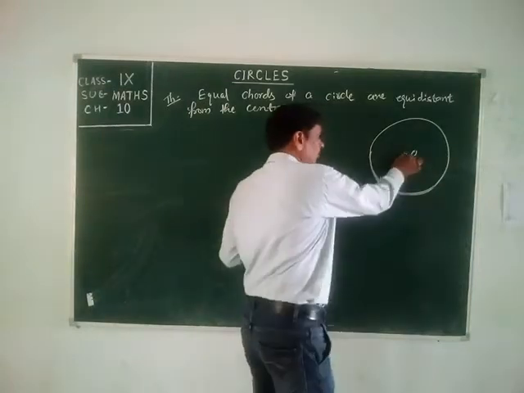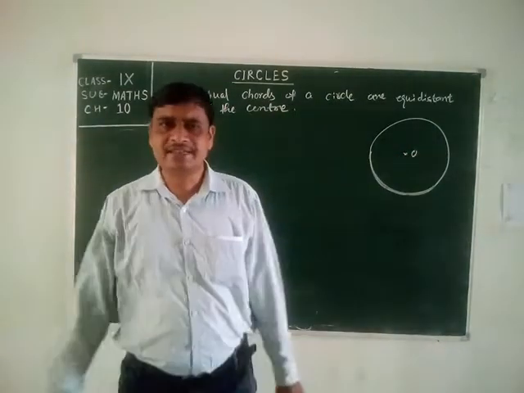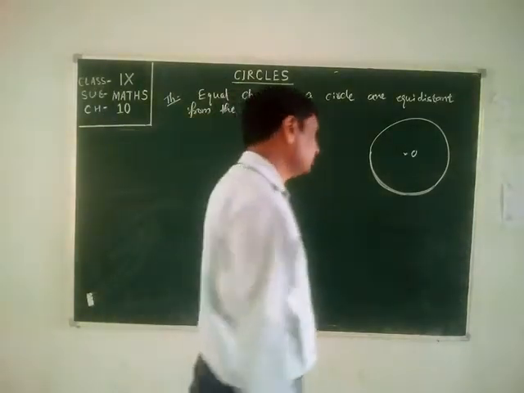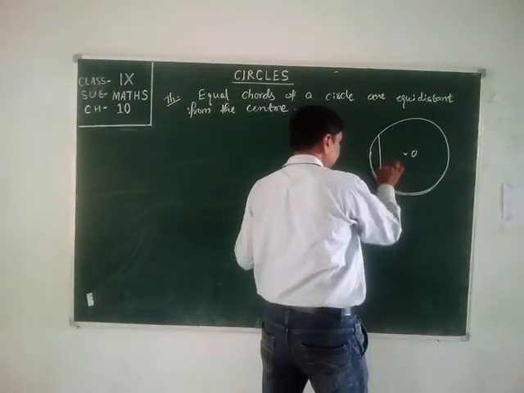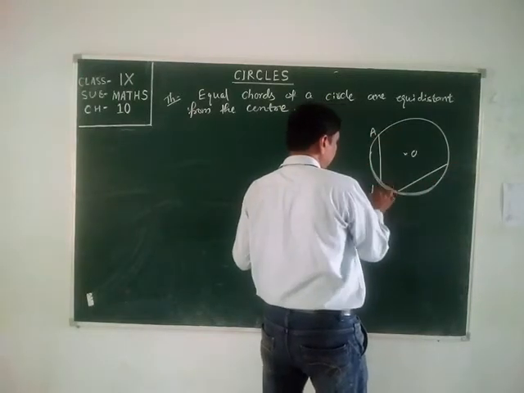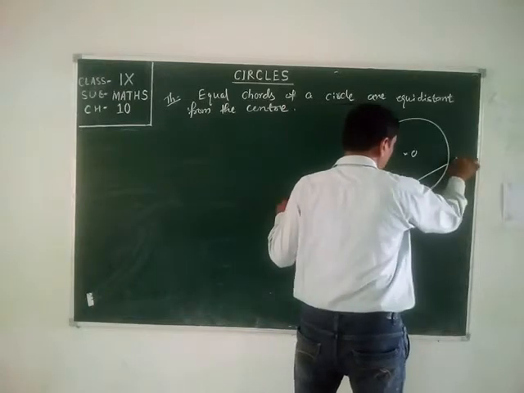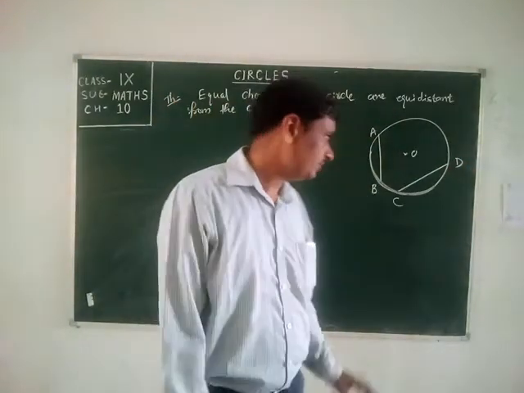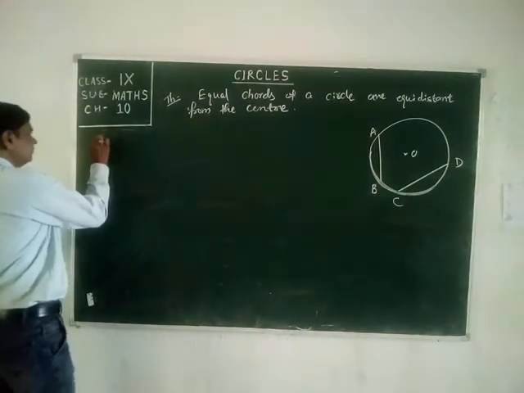Of center O. Here, it is given any circle of center O and two chords are there, named AB and CD.